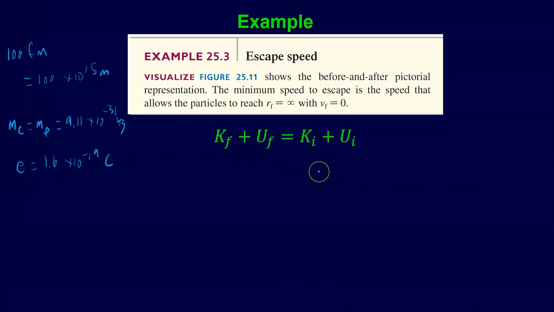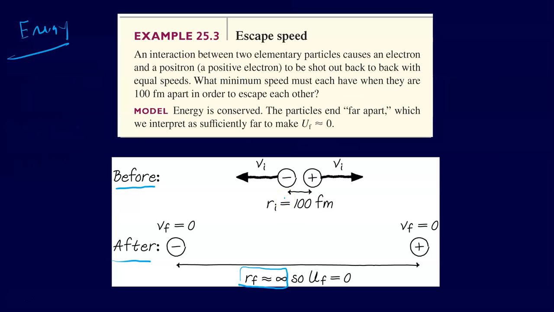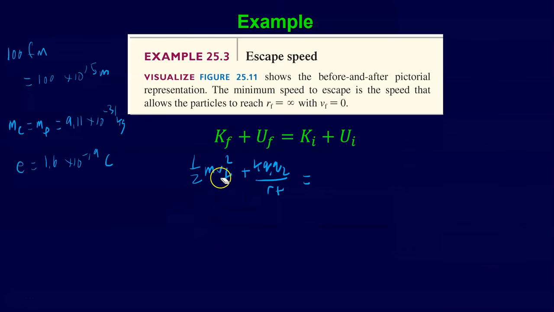This situation comes up sometimes, which is really weird, where the energy final, the way we've defined it, is all zero. So what is our equation here? It's 1/2 m v final squared plus K Q1 Q2 over R final. If you look back at our picture, R final is infinity, and we're assuming the velocity of these two is 0. Another little trick I'm going to do here is erase this 1/2.